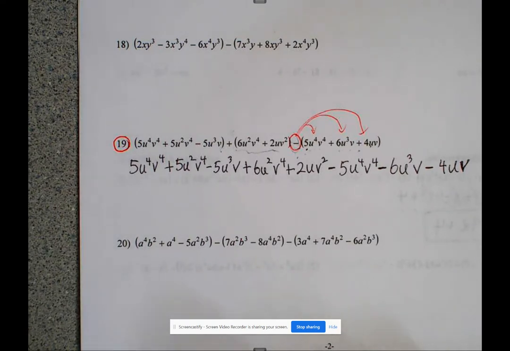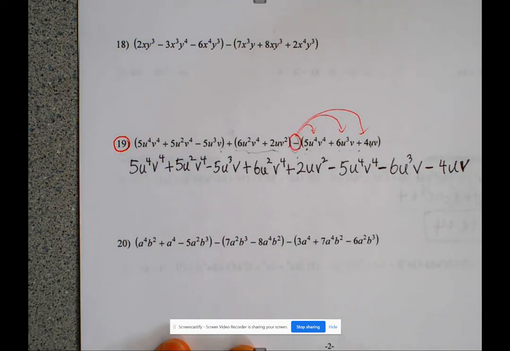All right, so I want you to think about now which ones to combine. I'll give you a few seconds to think about which ones to combine. You want to start with the highest power or degree. All right, does anybody have an idea which ones we need to combine?